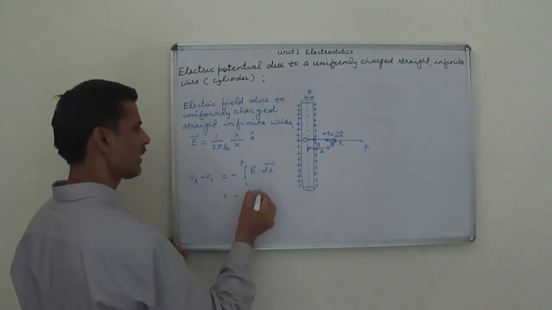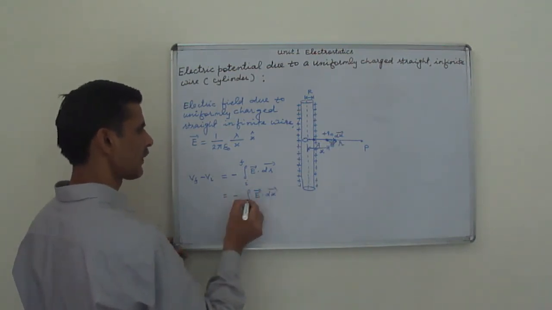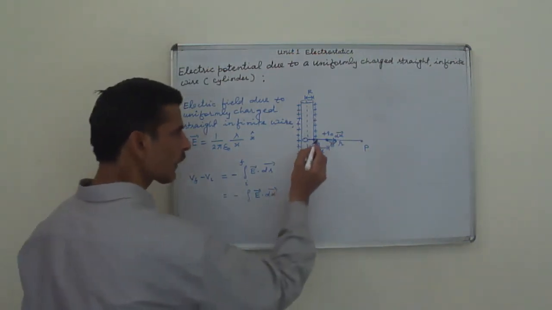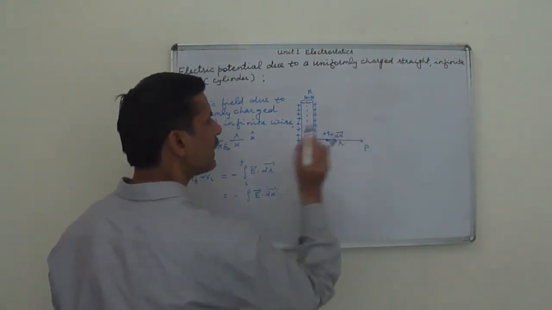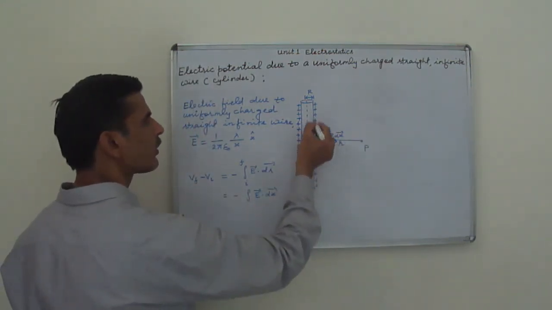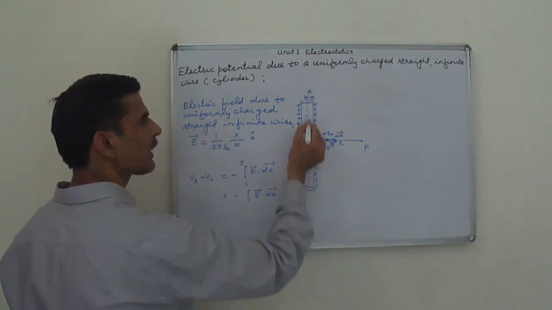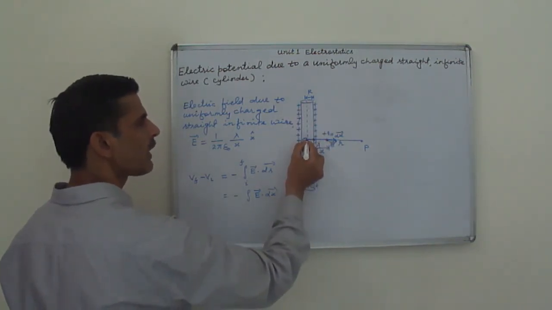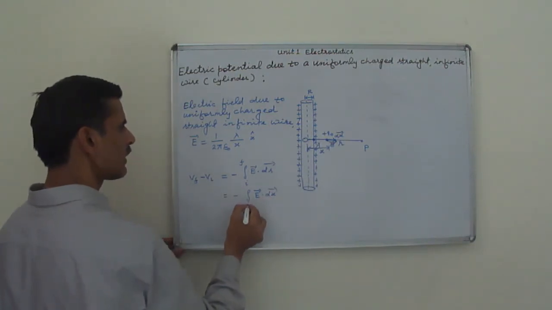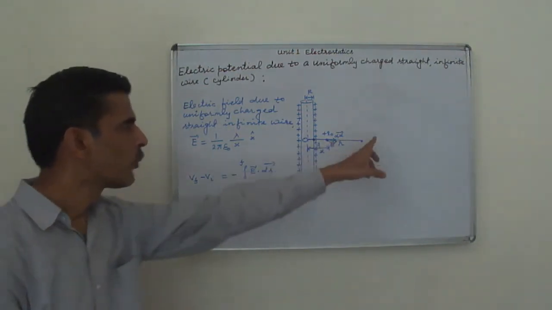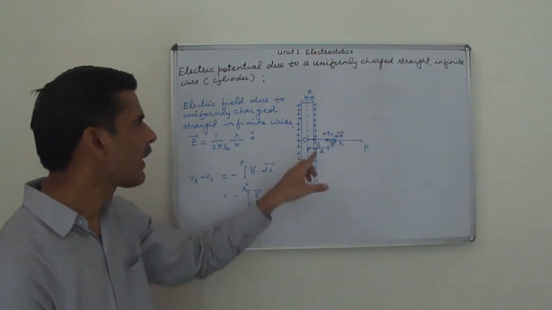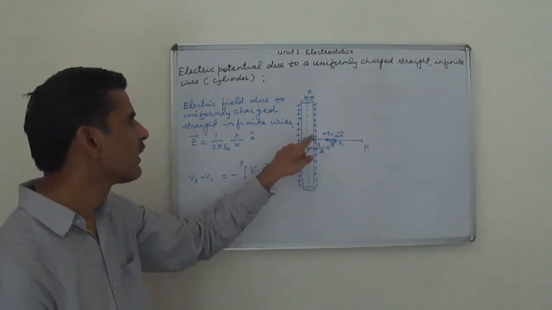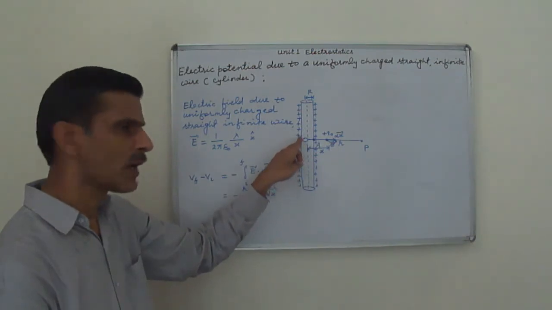So E vector dot dx vector, and charge plus Q naught moves from point A to point P. Point A is on the surface, which is at capital R distance from the center of the wire. So limit you can put from capital R to small r. Point P is small r distance away from the center of the wire, and point A is capital R distance away from the center of the wire.